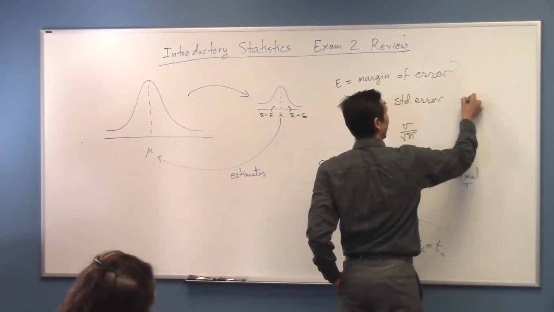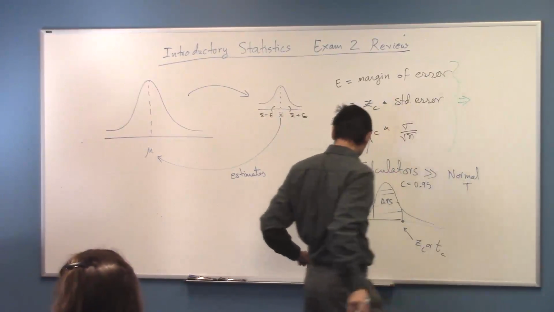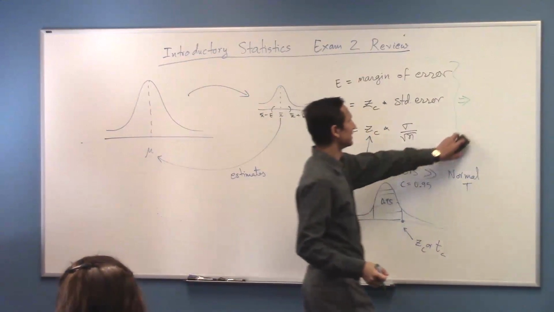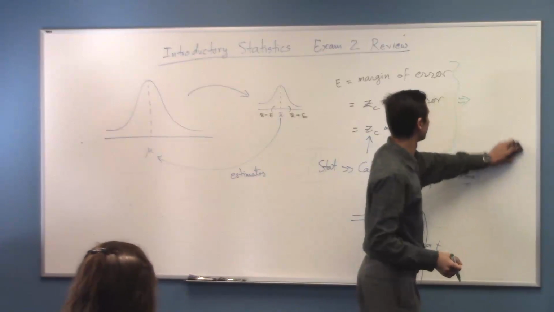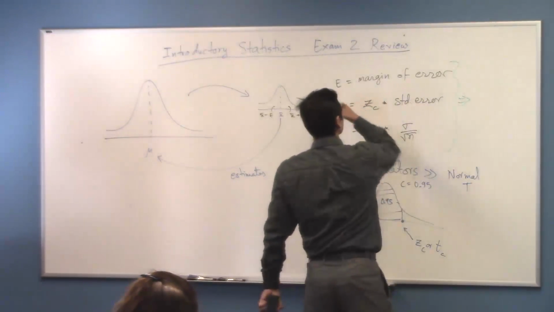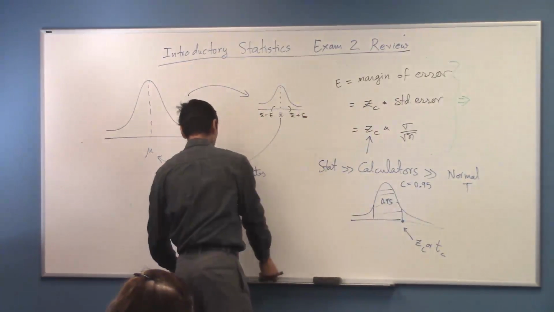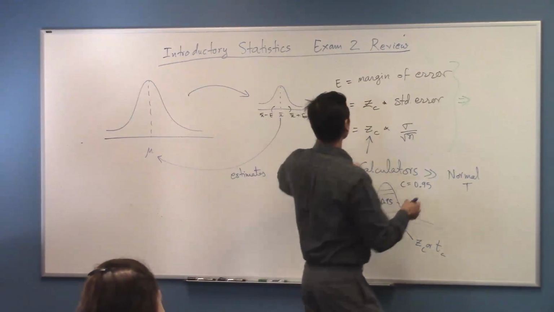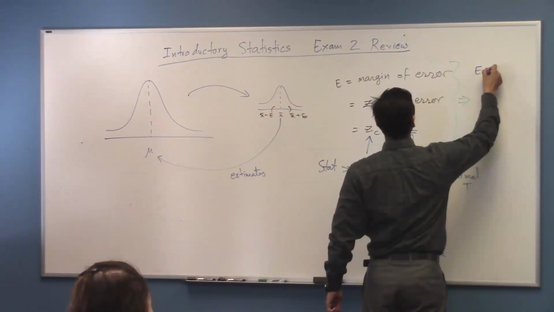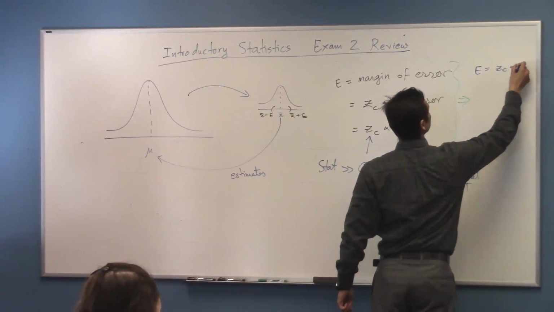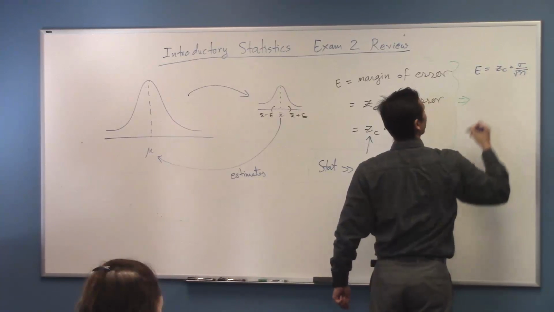in order to compute it, you need to use a little bit of algebra. You need to recall some of your college algebra skills here. So let me use a different color here, maybe blue. So here the formula for E is ZC times sigma over square root of n.